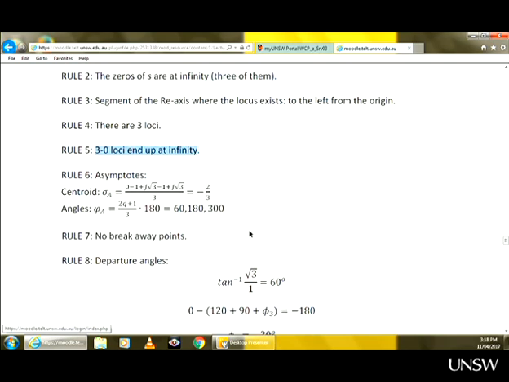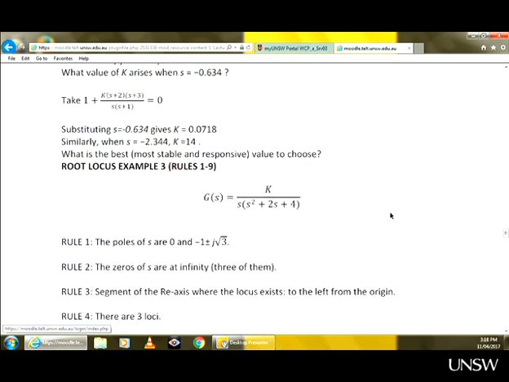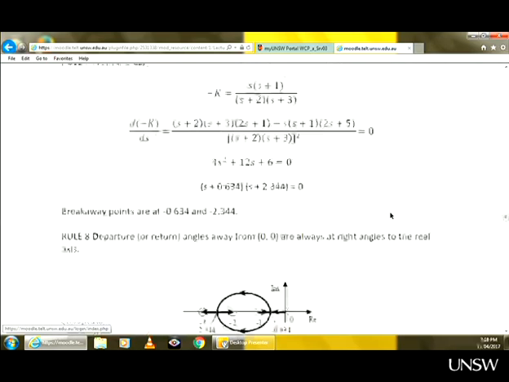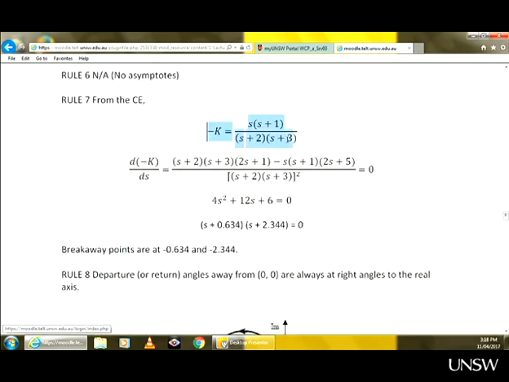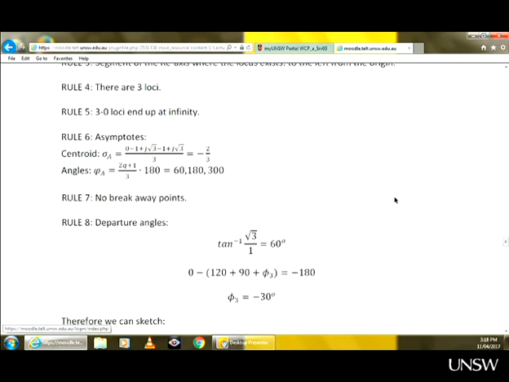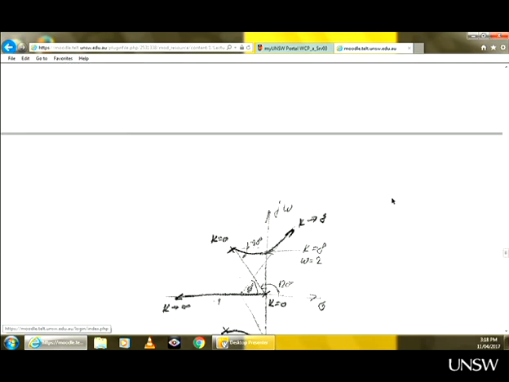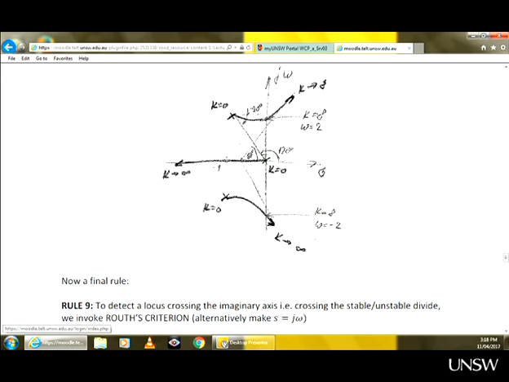No breakaway points. Well, how do we know that? Well, we can apply that formula for the breakaway points, which is here. And you will find that either that formula doesn't give you a solution or gives you meaningless solutions. What is meaningful, what is meaningless? Well, first of all, it has to be on the part of the real axis where the root locus exists. So if you have a solution which is positive, ignore them.